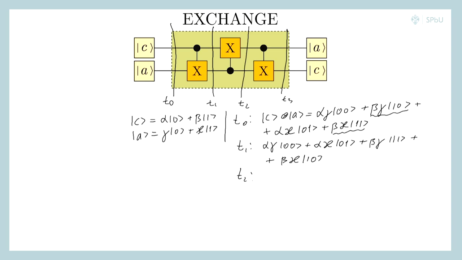After the second X gate, where the A qubit is the control and the C qubit is the target, we have the following state: alpha gamma 0 0 plus alpha kappa 1 1 plus beta gamma 0 1 plus beta kappa 1 0.